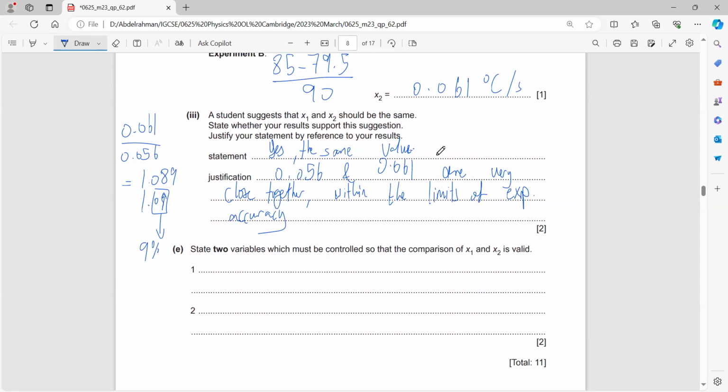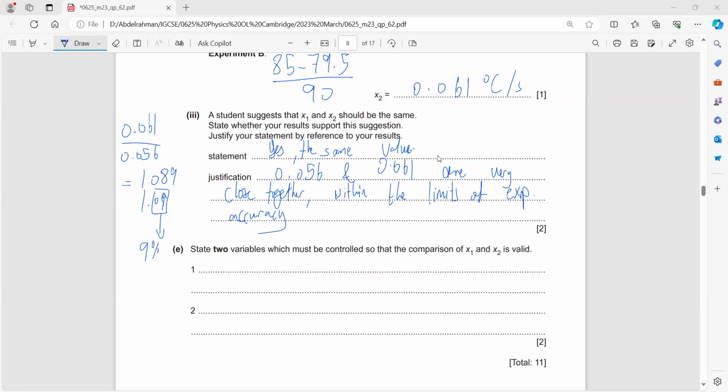State two variables which must be controlled so that the comparison x1, x2 is valid. What are two variables that must be controlled? Any ideas? We can say the room temperature, yes. Volume of the water, yes.